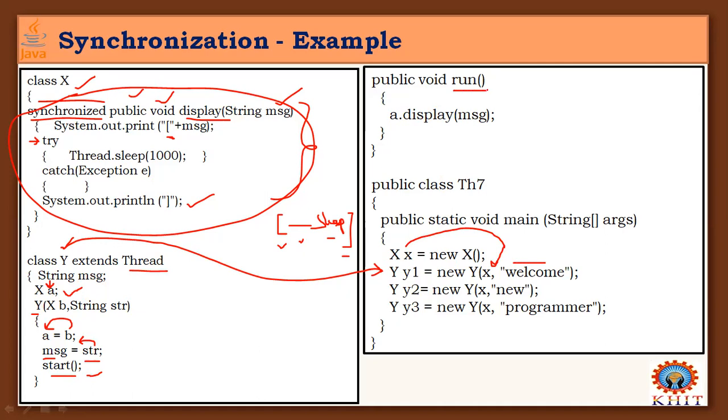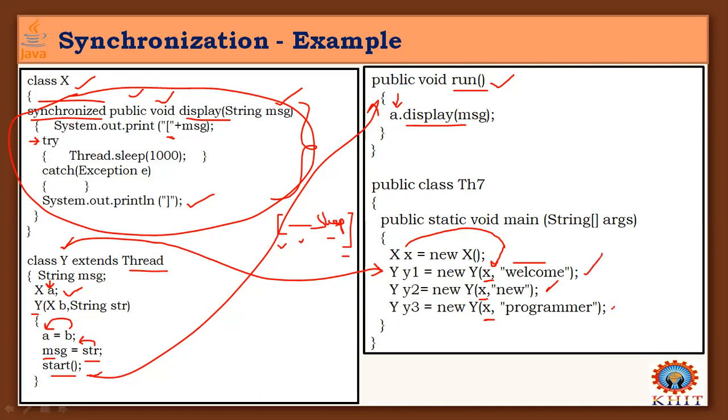Inside this run method, when the thread is started, the control automatically goes to the run method. So here in this run method, I invoked that display method using that class X object. That's why I send the class X object every time, and create an object of Y class to call this display method on individual string values like this.